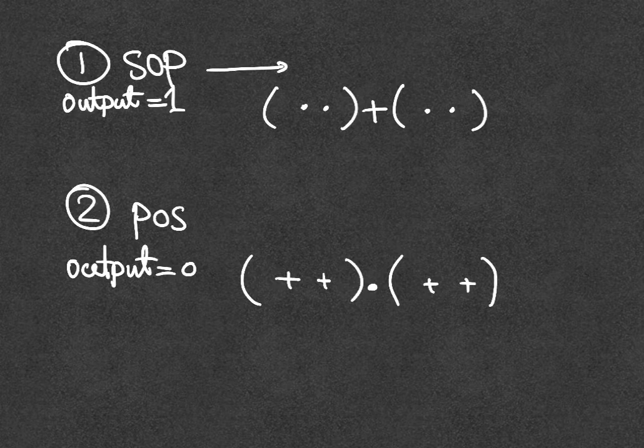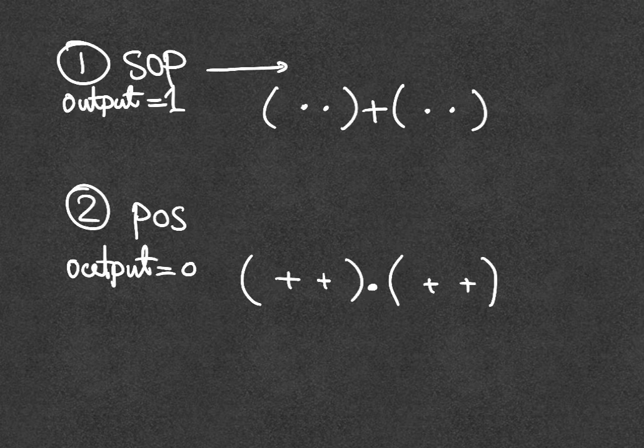For the SOP, if the input is 1, you just write down the name of the input. If it's 0, you complement that and write it down. In POS, if X is 0, it doesn't get a complement. If X is 1, the input is 1, you complement that.